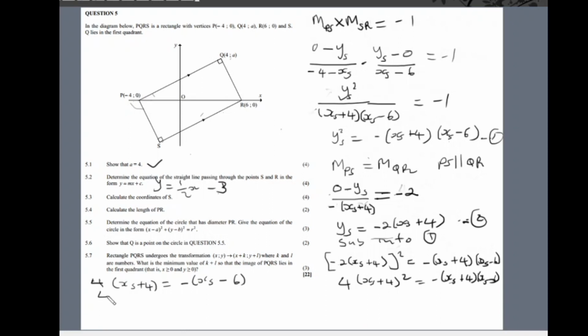So I'll have 4x plus 16 is equal to minus x plus 6, and then 5x is equal to 6 minus 16, which is minus 10. Therefore xs is equal to minus 10 divided by 5, which is minus 2.